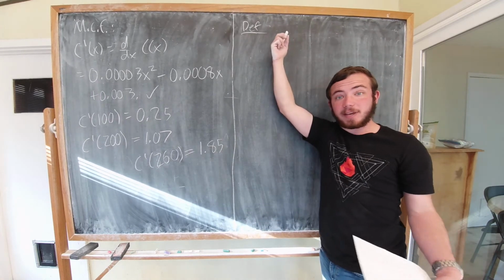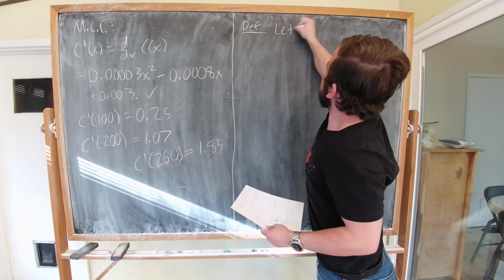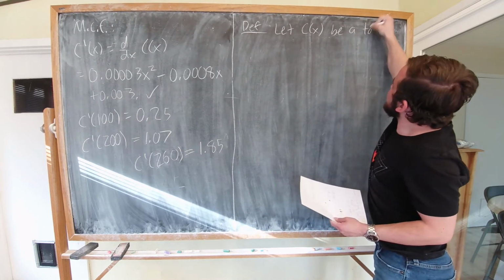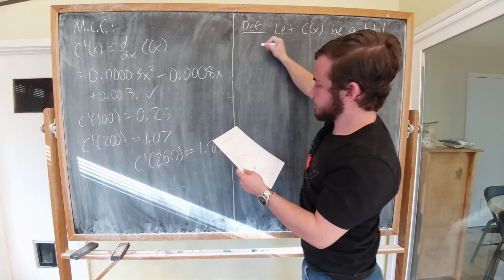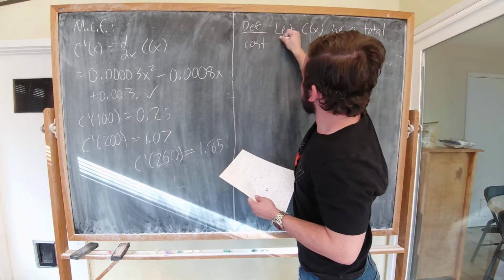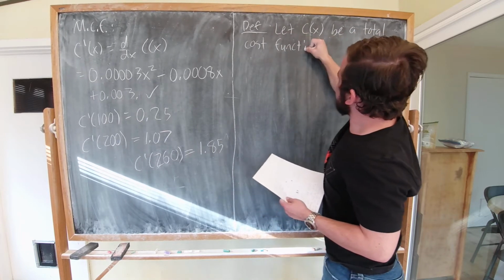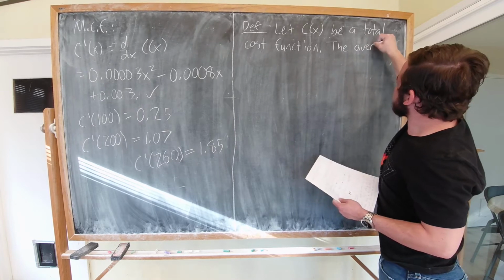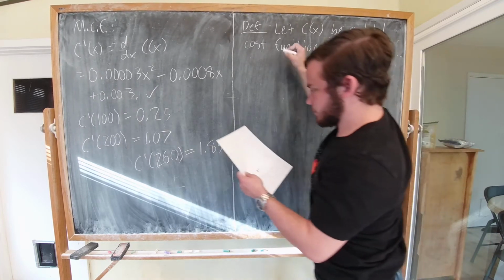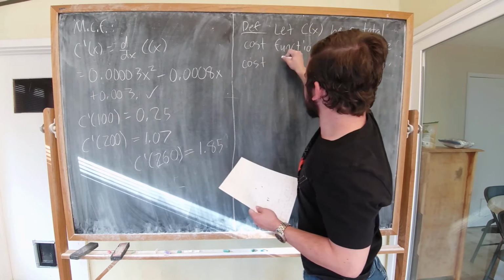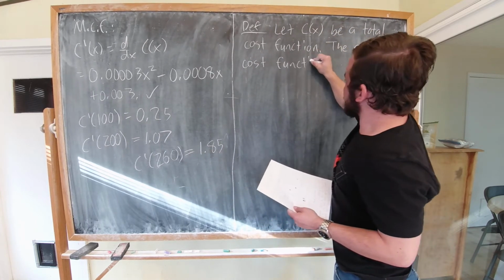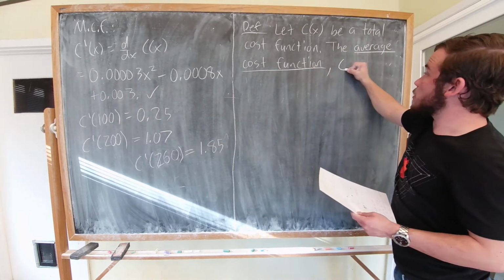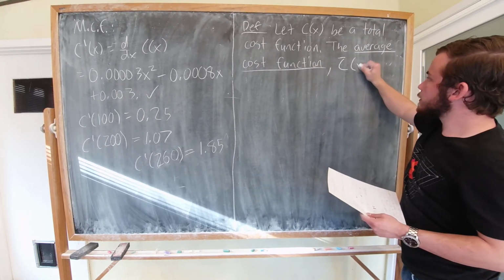We'll let C of x be a total cost function. The average cost function, which we will denote as C bar of x.